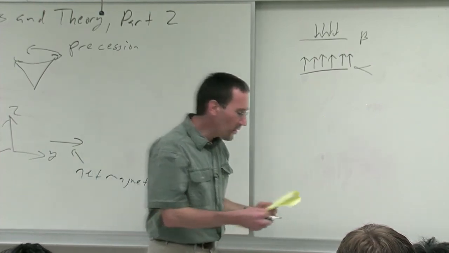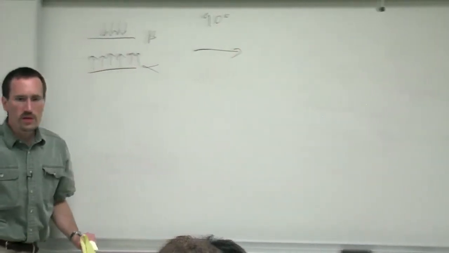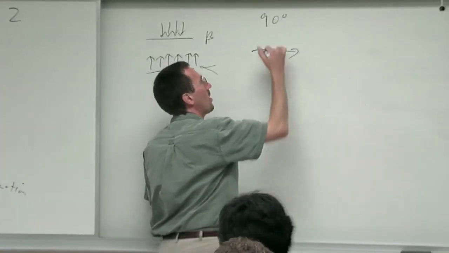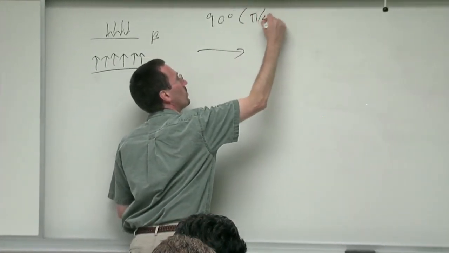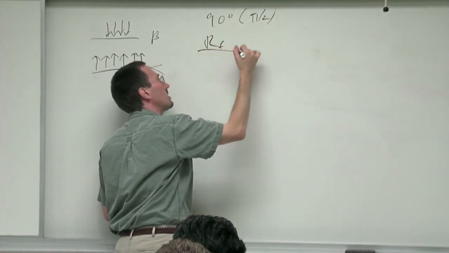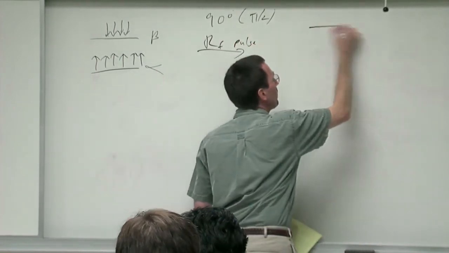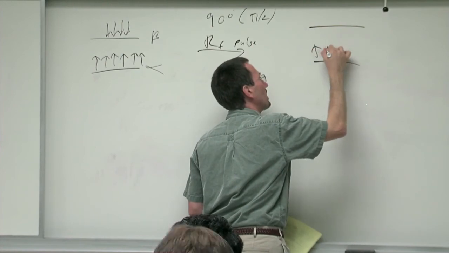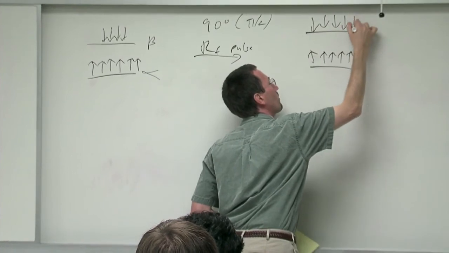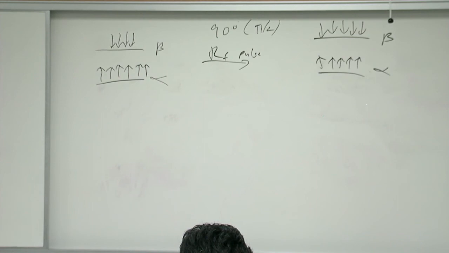All right, so if we apply an RF pulse, and now I'm going to be a little bit specific, if we apply a pulse long enough that is what's called a 90-degree RF pulse, or a pi over 2, that's just radians and degrees, your choice, and they get used interchangeably. What that does is it equalizes the population of alpha and beta state. And so I'll represent that by 5 spins up and 5 spins down.